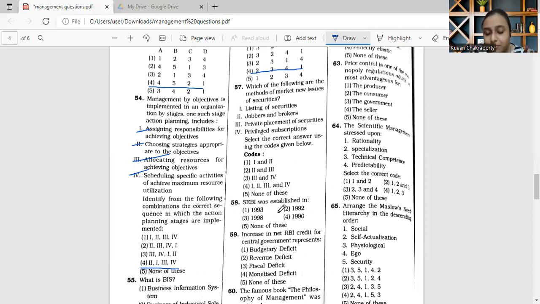Okay, so private placement is the opposite of a public issue, in which securities are available only for sale in the open market. Now, if you talk about the privileged subscription, there is another way of raising new issue of securities, which is the privileged subscription.